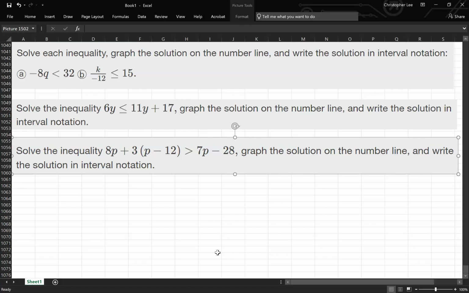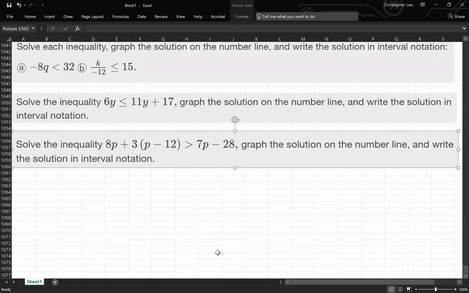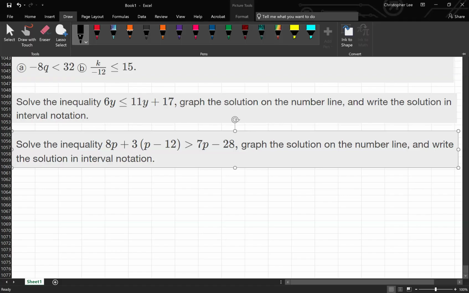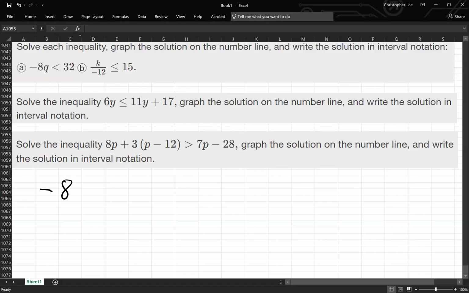All right, let's look at this first example. I had negative 8Q is less than 32. I'm sorry, let me say that again. I had negative 8Q is less than 32. Go ahead, what were you saying? Right, I'm gonna divide by -8.